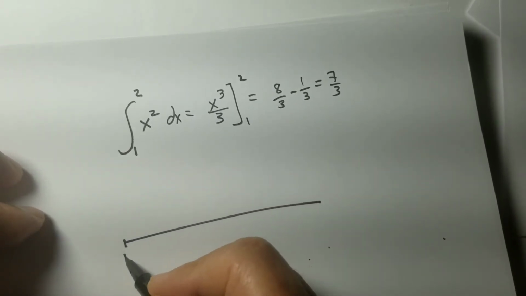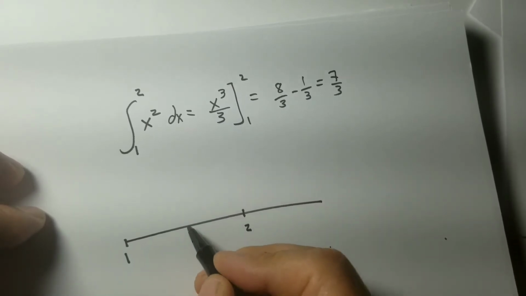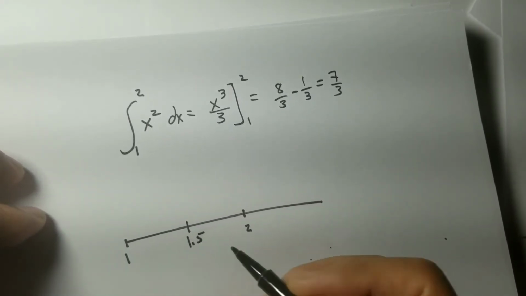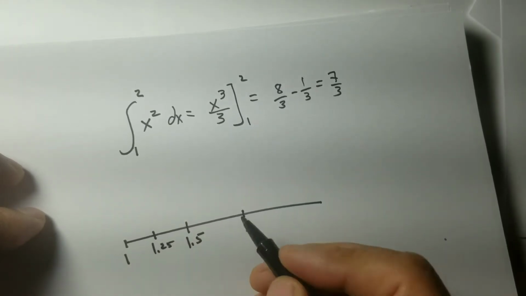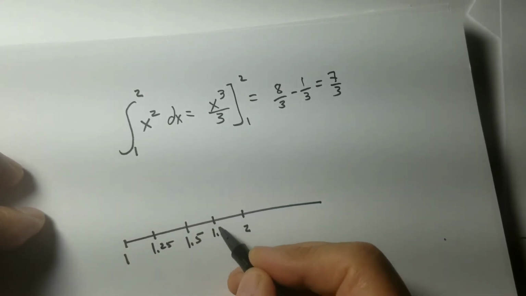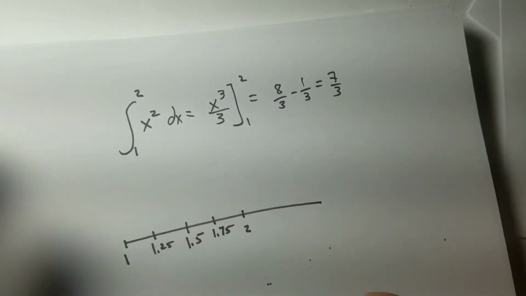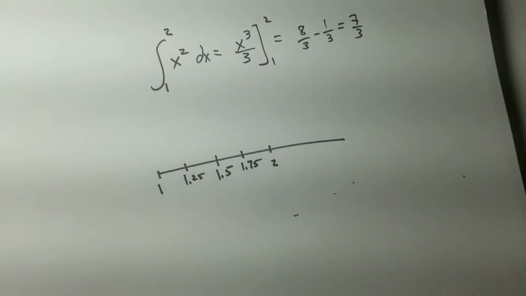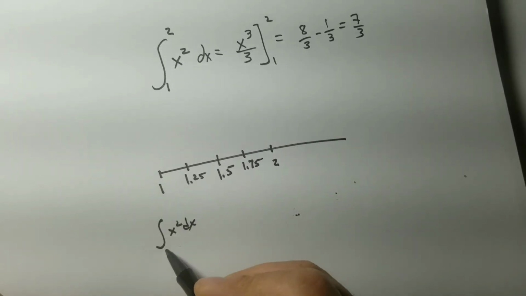I'm going to use trapezoid rules. My x is 1 to 2. That's the middle of the first half, and that's the middle of the second half. I'm going to do 4 trapezoids. That's it. Then what is the integral of x squared dx from 1 to 2?